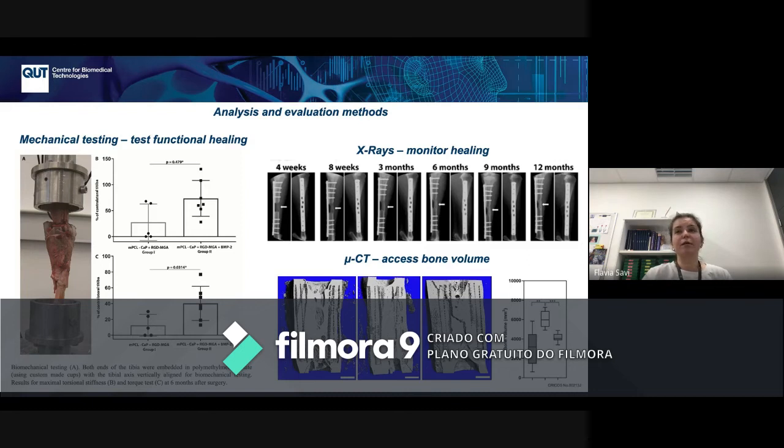The first step is to fix them and then do the micro CT of the samples, the microcomputed tomography, to analyze the macro geometry of the defect and also the bone volume, to check how much bone was created during that study.